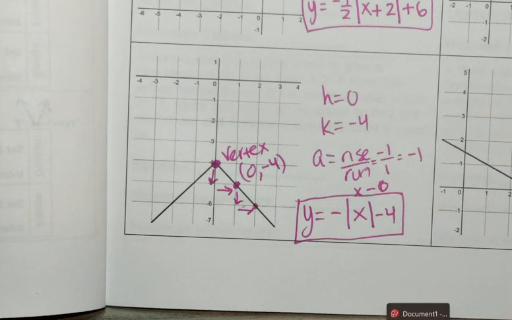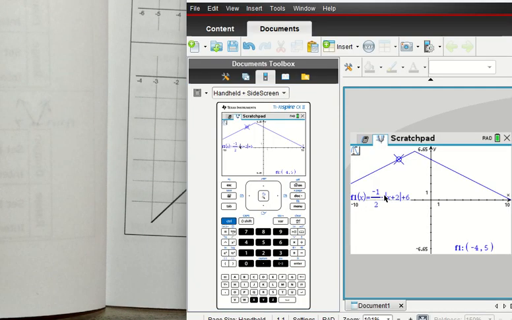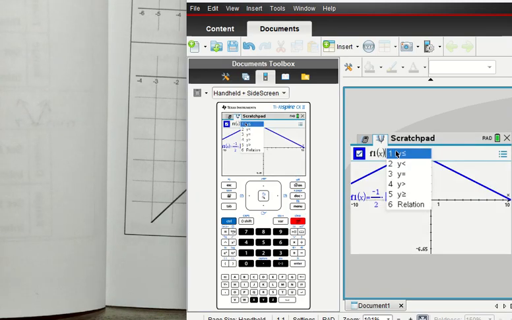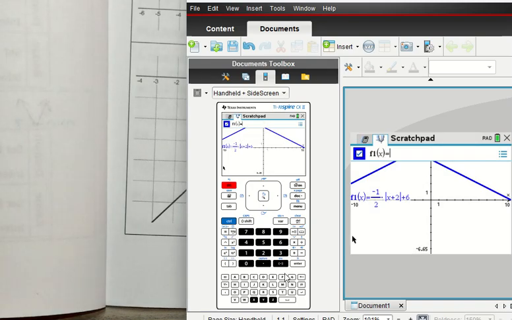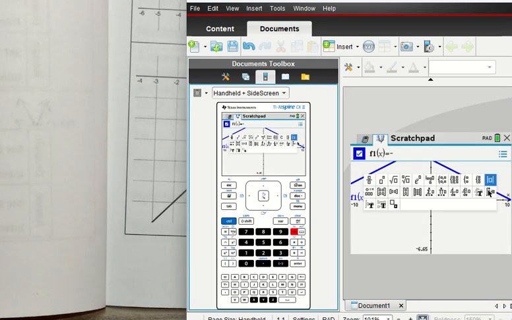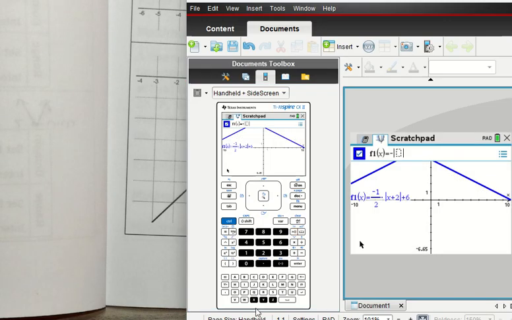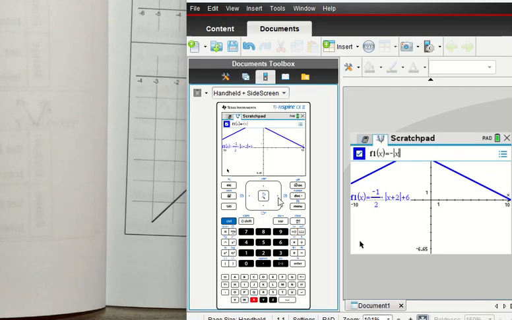Okay, so now let's check. I'm going to delete this. Oops, my bad. And then just type negative absolute value x minus 4.